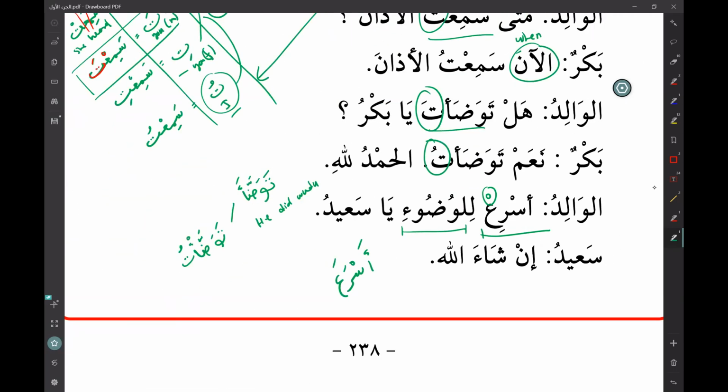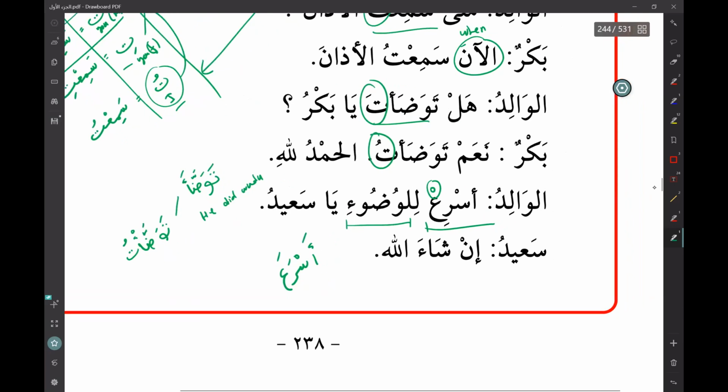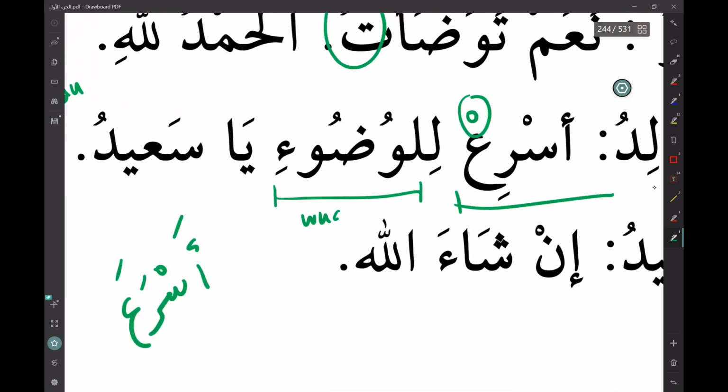Wudu is the action itself. So hasten, li is for, we had this word before. Hasten for the wudu, and we have a kasra because of harful jar, the preposition, right? So this is a command asking to hasten, asri' lil wudu, hasten for wudu.